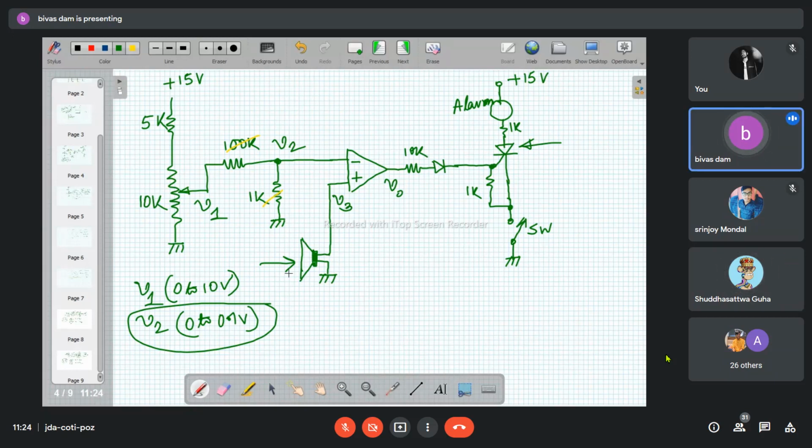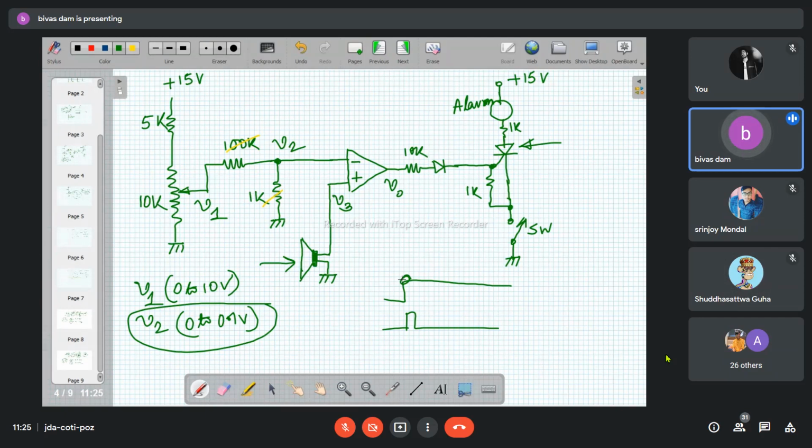Pulse. It has to be some gate current. If the current is like this, it does not matter. If the current is that, it will also be the same thing. As soon as a certain gate current is available, it turns on, and once it is turned on, there is no function of the gate. Gate becomes redundant then.